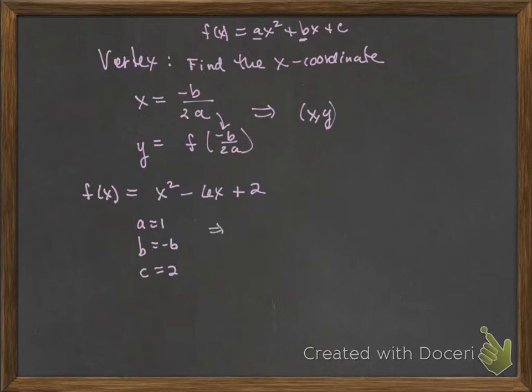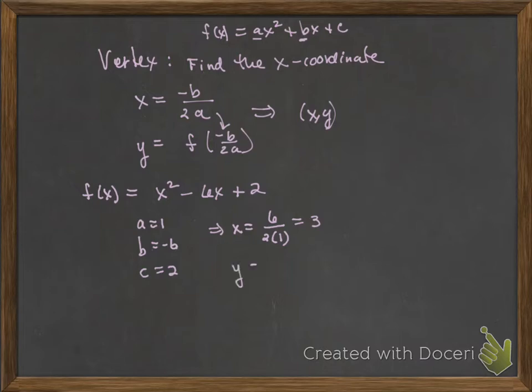To find the x-coordinate, you plug in the negative of negative 6, which becomes positive 6, over 2 times 1, and that becomes 3. So that's the x-coordinate of our vertex.